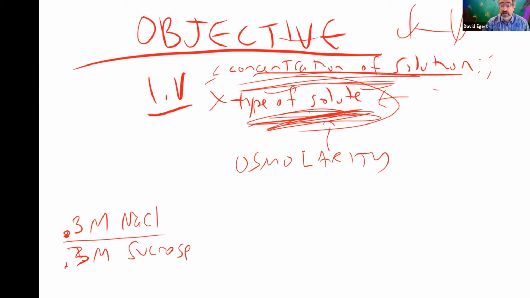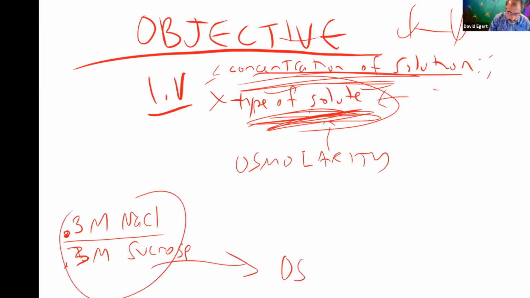You can have 2 solutions of identical osmolarity, but very different behavior of the cells when you put them in, because if you have a penetrating solute, the solute actually is going to enter the cell and the water is going to follow, and you can still get out of balance and have a hypotonic solution, even though it's an isoosmotic solution.